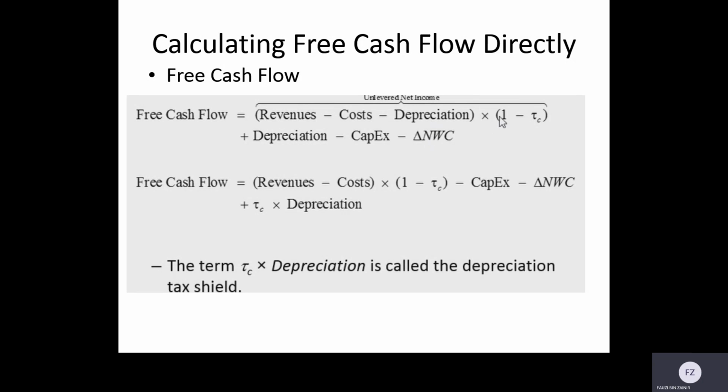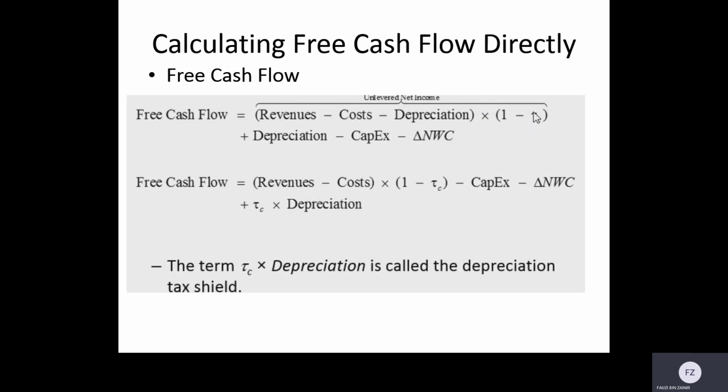If you expand this calculation further, you take out the depreciation. The depreciation is multiplied by (1 minus the tax rate) and times the minus depreciation.